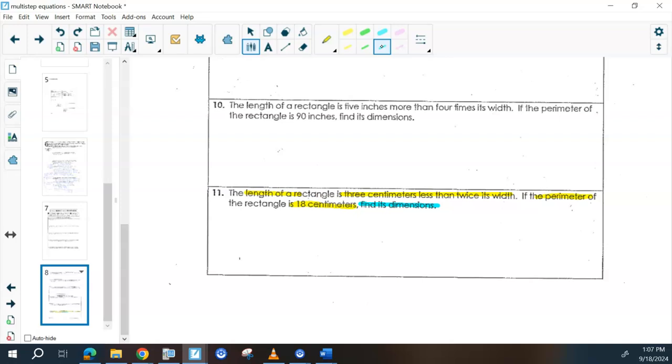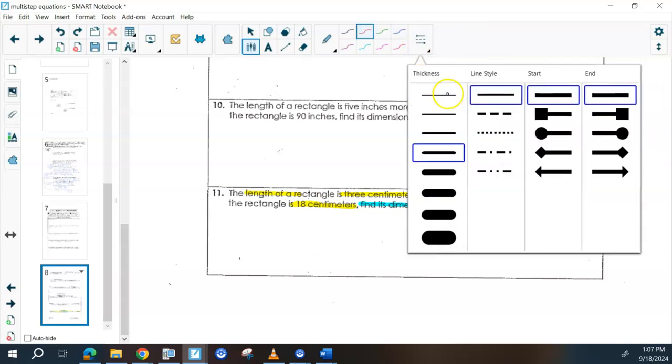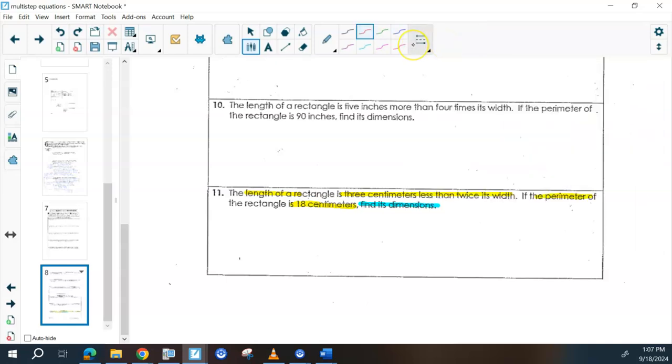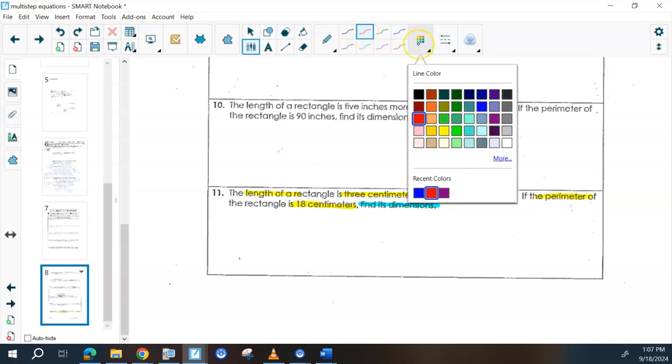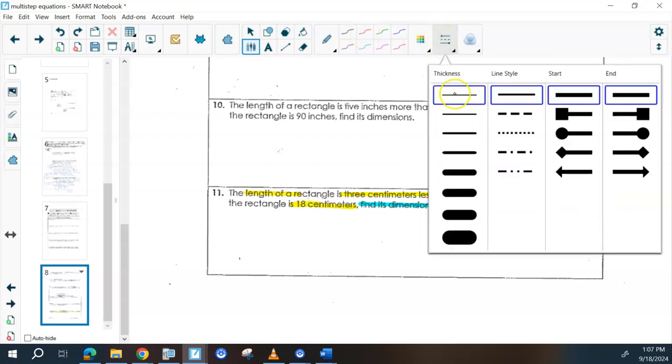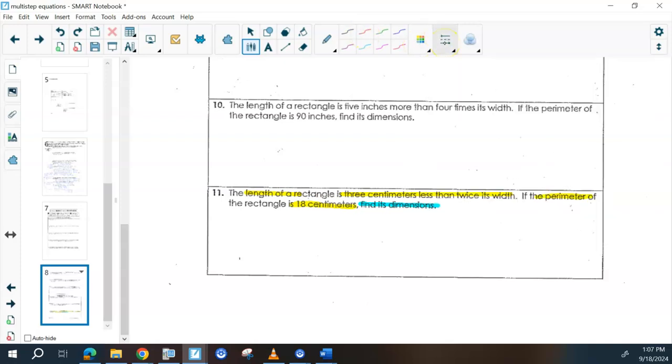We don't need to define the variables because it's going to be length and width, unless you change the variables to something else. But that first part tells us something specific about the length. 3 centimeters less than twice its width. So I know it's going to be something about the width.